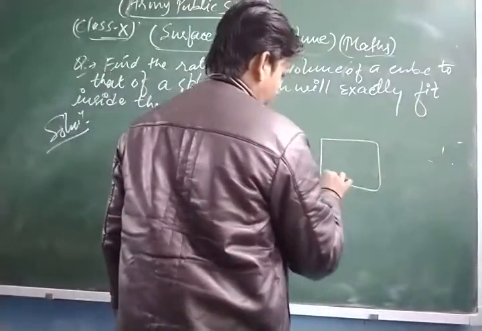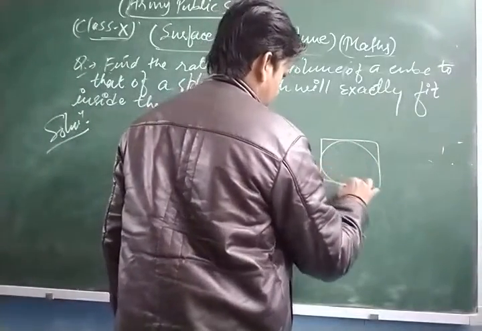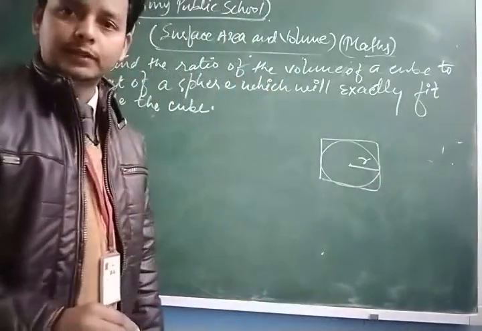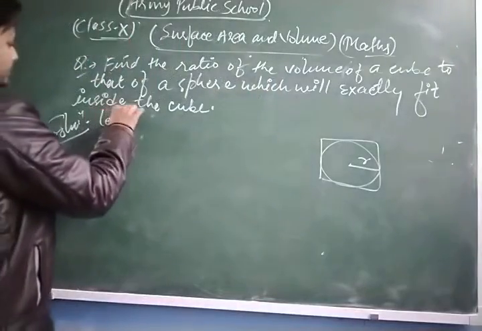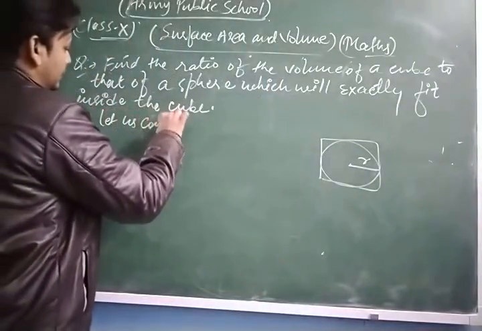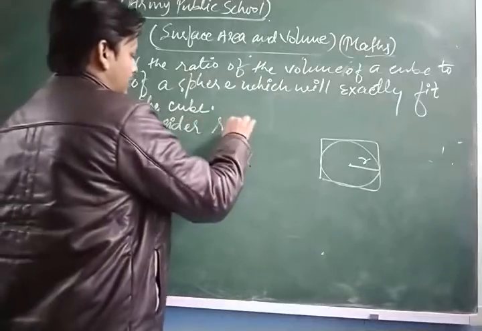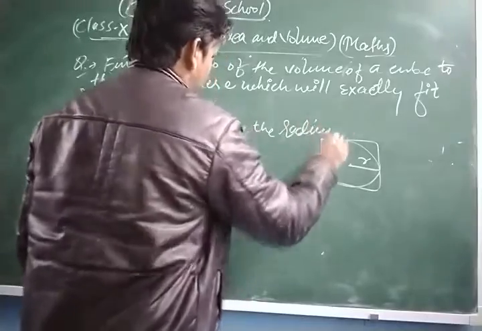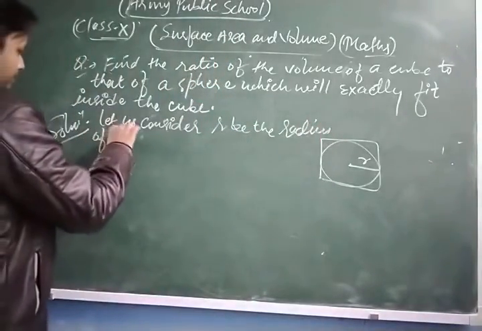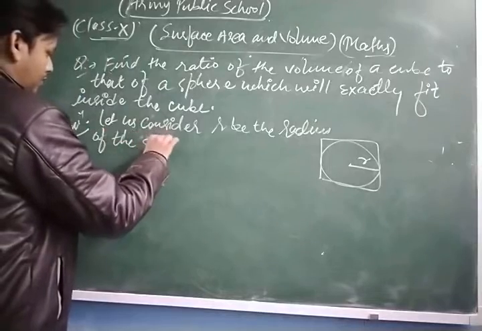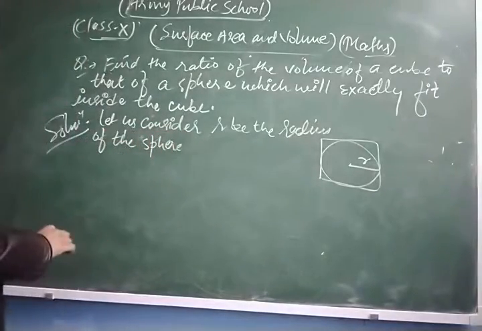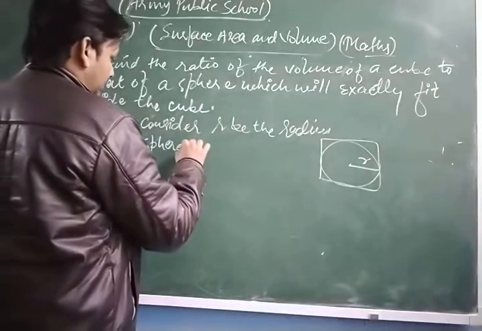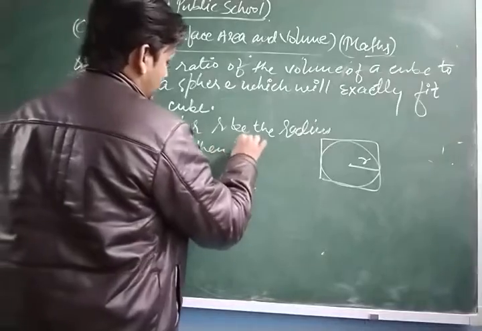Suppose that this is the cube and this is a sphere. Let R be the radius of the sphere.